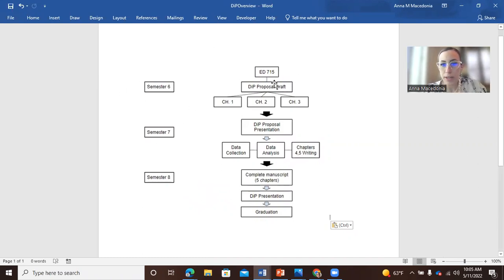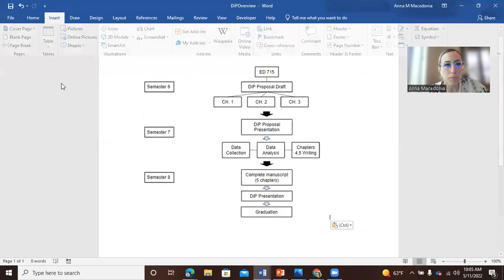ED 715, which is your proposal course, is a culmination of your chapter 1, which is your introduction, your chapter 2, which is your lit review, and your chapter 3, which is your methodology or design for action.